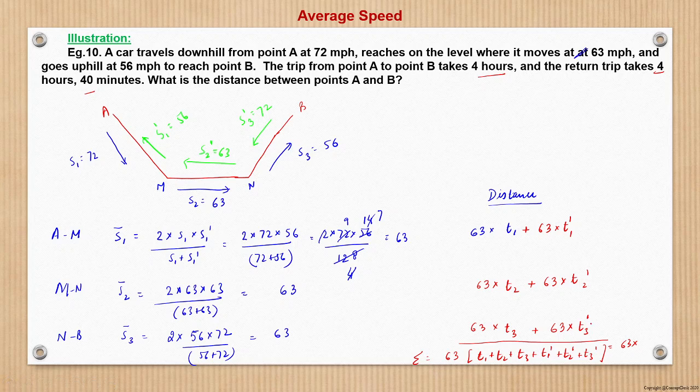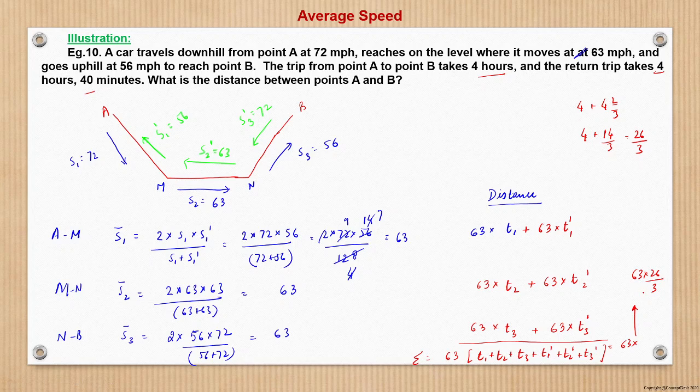So that becomes 4 plus 4 whole 2 by 3, that is 4 plus 14 by 3, which is nothing but 26 by 3. So here I can write this as 63 into 26 by 3, right?